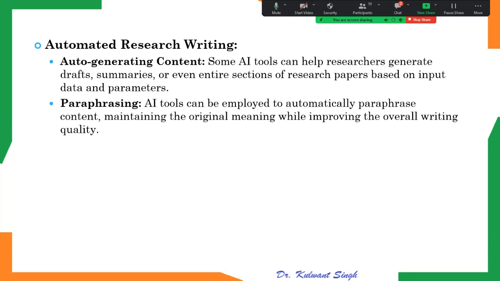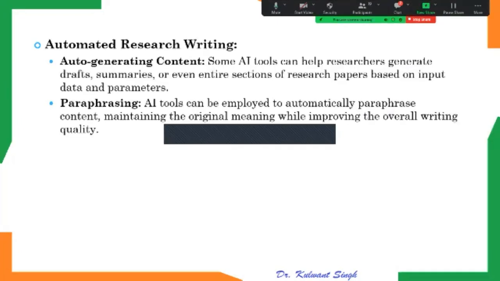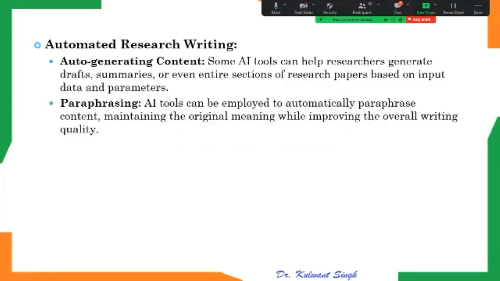Suppose I am willing to write a research paper. Then first of all, I will plan how to structure the different components, what we have to write under the individual parts. So if you are using AI tools, they can suggest a particular pattern, an outline of the paper.